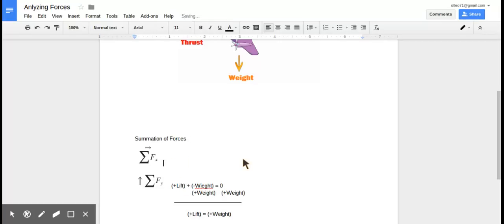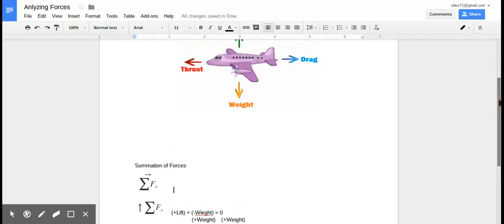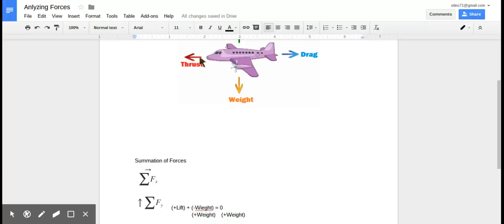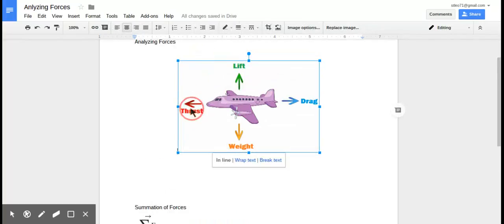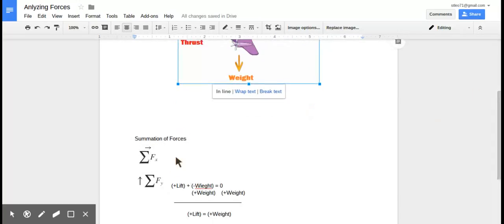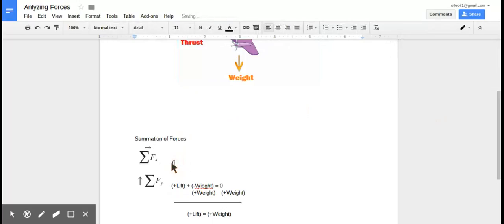We can do the same thing for the x-axis. Now, for the x-axis, we analyze the forces where everything to the right is positive and everything to the left is negative. So if we look at thrust here, thrust is negative because it's going to the left, and drag is positive because it's going to the right. So we analyze the forces here, and we get plus drag, because it's going to the right, plus a negative thrust is equal to zero.